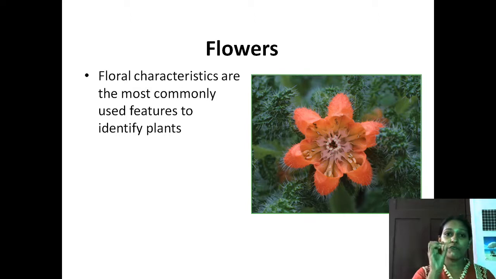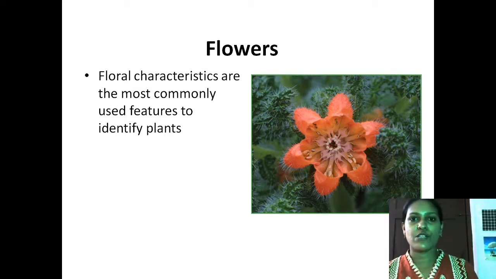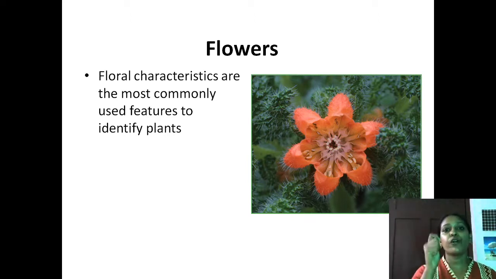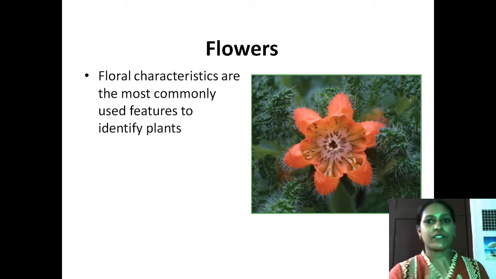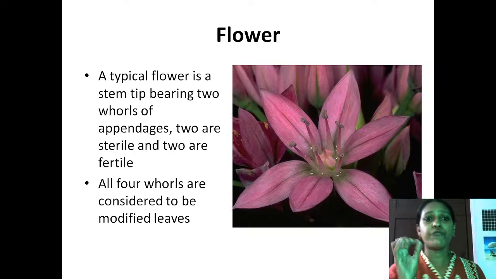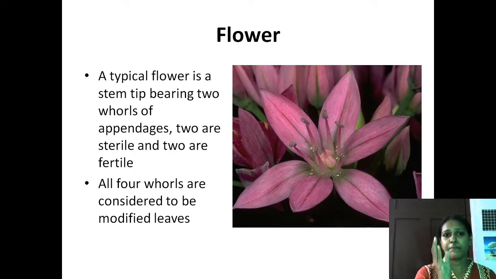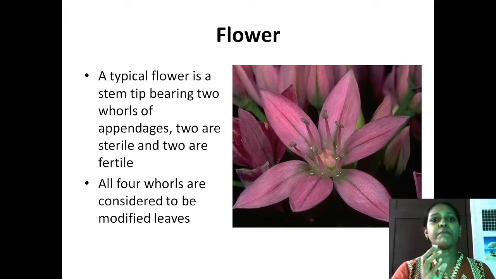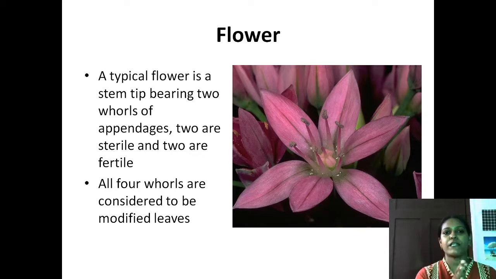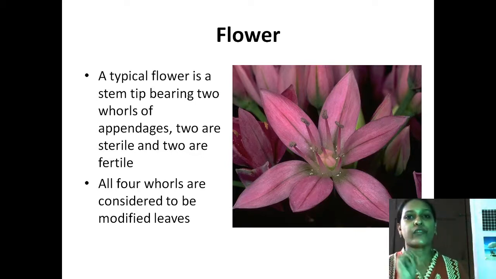So a flower is very important to identify plants, isn't it? If you have a twig without a flower, it's very difficult. So if you want to identify a plant, you should have a flower. A typical flower is a stem tip bearing whorls of appendages, that is two sterile and two fertile.